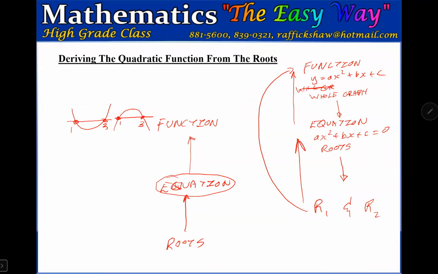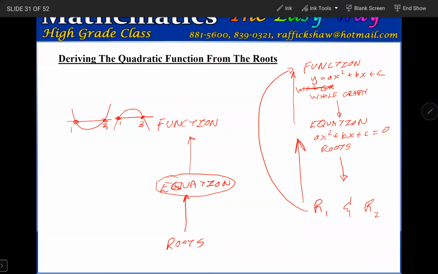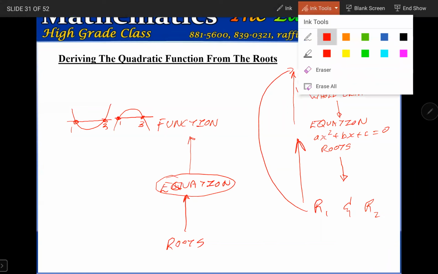So the equation can help to decide which one you want. Because a smile function and a frown function can have the same two roots, you have to be careful. We're going to see that, and it's built into the procedure I'm talking about here.